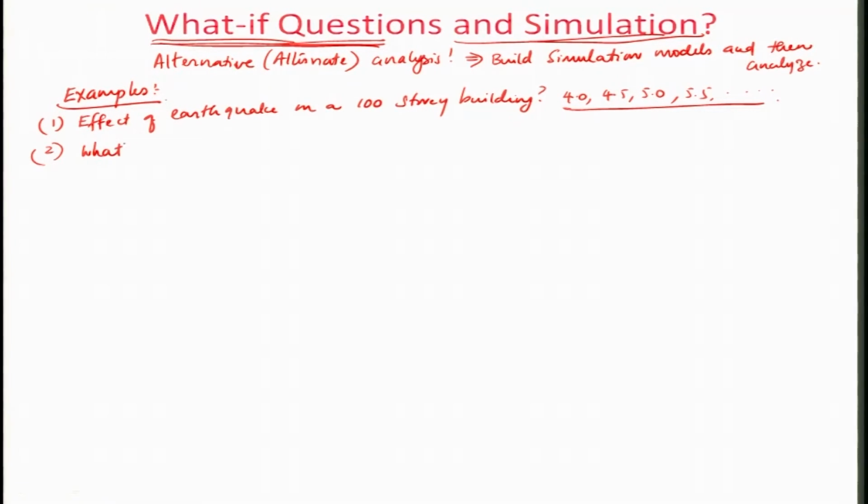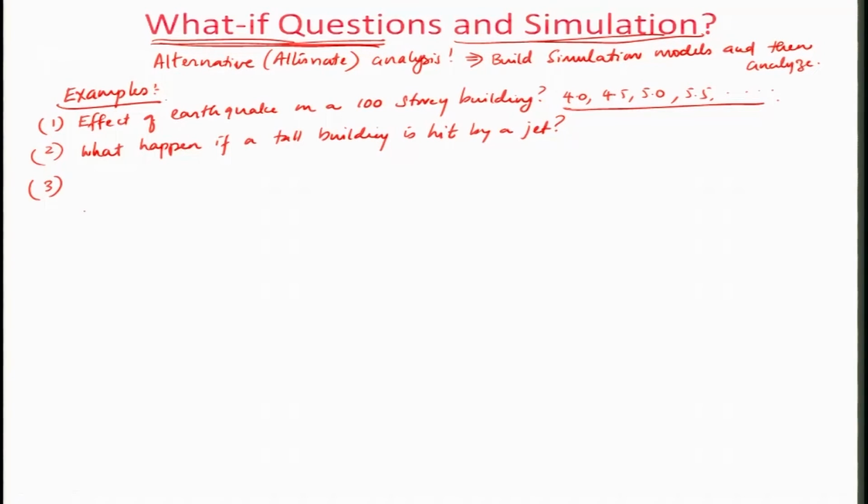What happens if a tall building is hit by a jet? For example, what happened in the World Trade Center? What happens if a big building is hit by a jet? What will be the outcome of it?